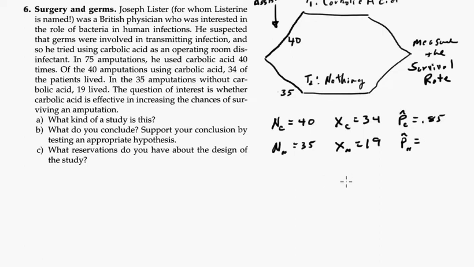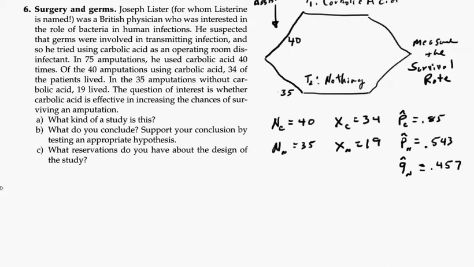It's 0.543, and just for myself, I'm going to say one minus that, so I have q-hat handy if I need it, it's going to be 0.457. Not sure if I need it, but there it is.